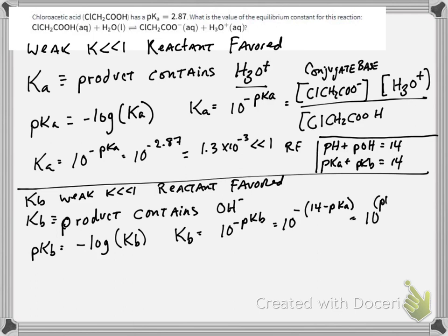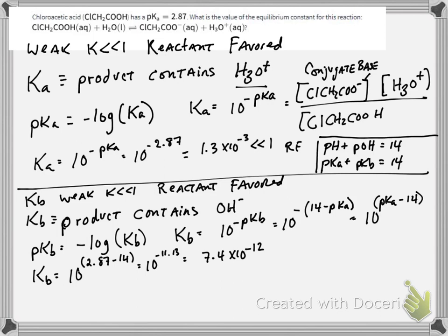If we look at that, we get 10 to the minus (14 minus 2.87), or 10 to the minus 11.13, or 7.4 times 10 to the minus 12. So that is Kb for this system.